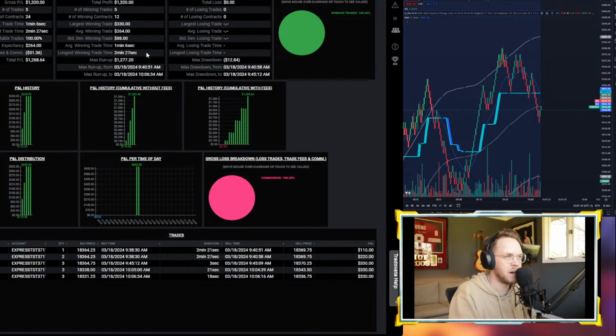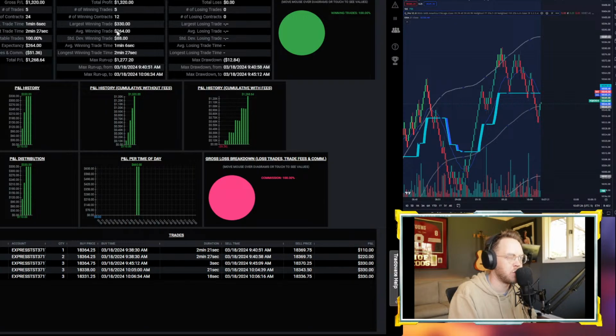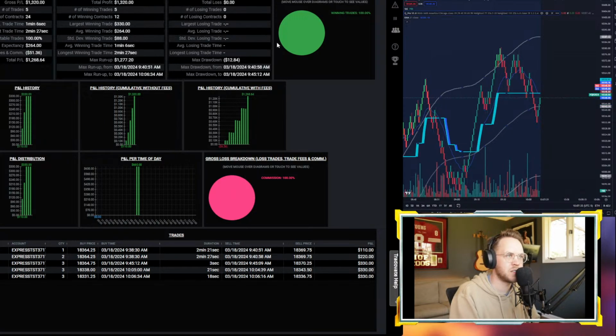But regardless, I've had 4 trades, not 5. And each trade was $334 or $330 before fees. 22 ticks with 3 contracts. So not bad. This is great. I'm enjoying this quick scalping strategy.